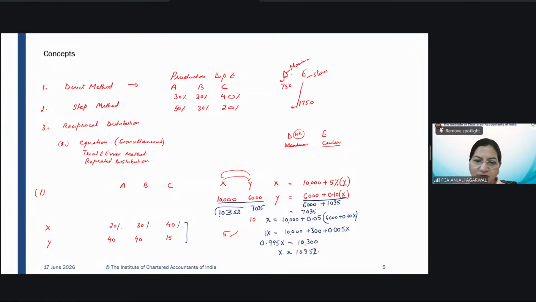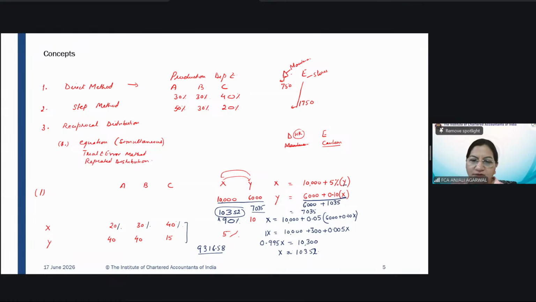So if you look at 10,352, how much is to be distributed amongst A, B, C? 40 plus 30, 70 plus 20, 90%. So 90% of this becomes 9,316.58. You can distribute this in the ratio of 2 is to 3 is to 4, but not 10,352 in the ratio of 2 is to 3 is to 4.